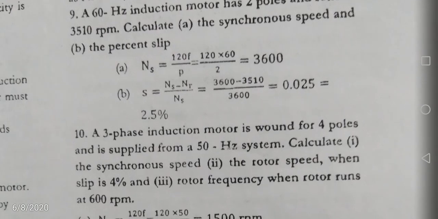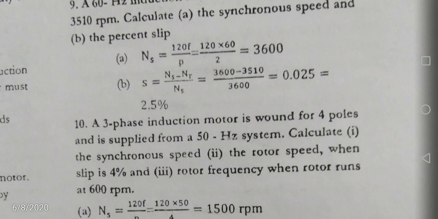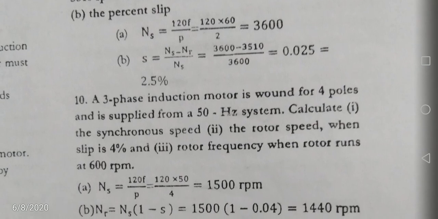S equals (Ns minus Nr) by Ns. So Ns is 3600 rpm and Nr is 3510, that is 90 by 3600, the value is 0.025, that is 2.5% slip.